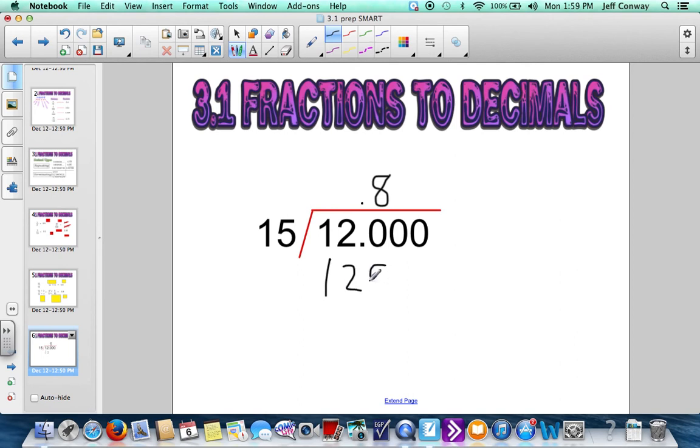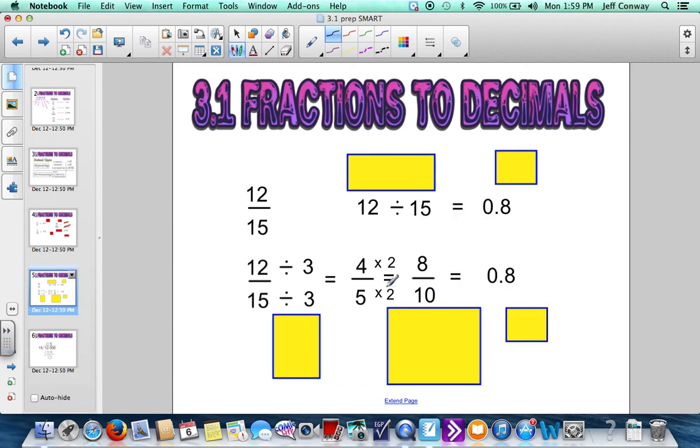And of course, if I did my proper long division, I would find that it's fairly straightforward. 15 does not go into 1, 15 does not go into 12, but 15 does go into 120 8 times. I have no remainders, 8 tenths, which is the same answer as I got back over here.